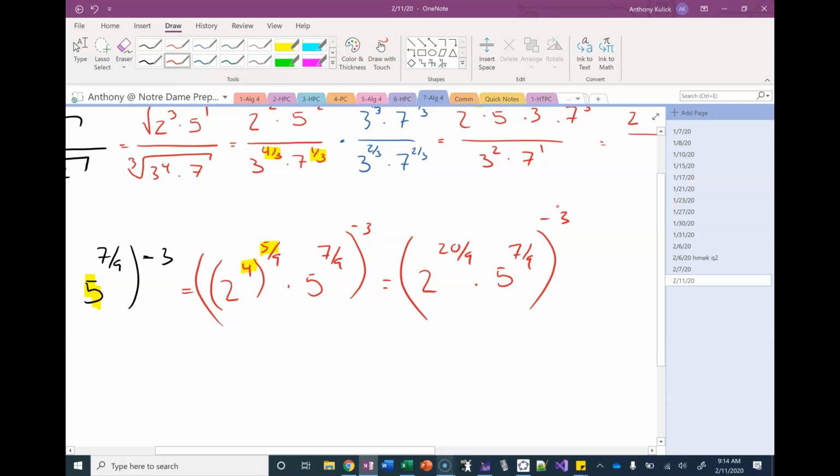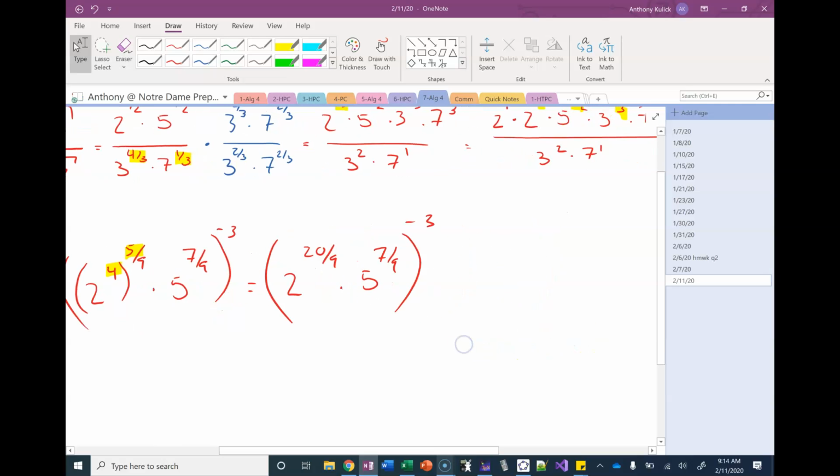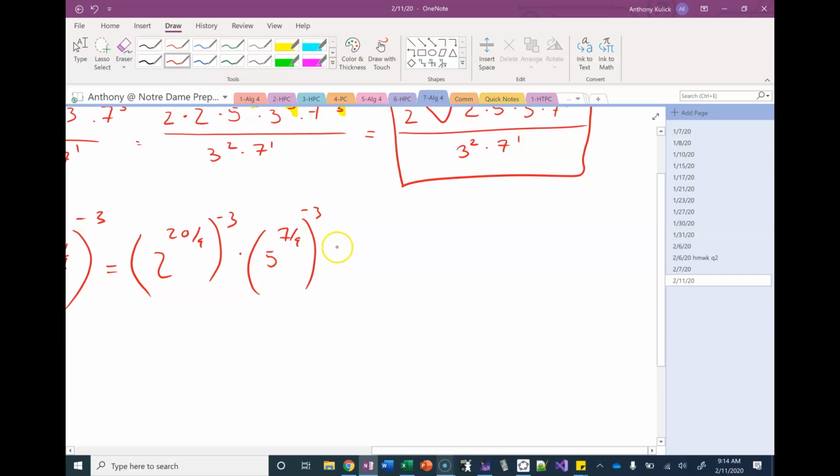Okay there? Now, when I have an exponent of a product, I remember that that exponent is going to apply to both factors of the product. So I can do that. And then I have an exponent of an exponent again, so those are going to multiply.